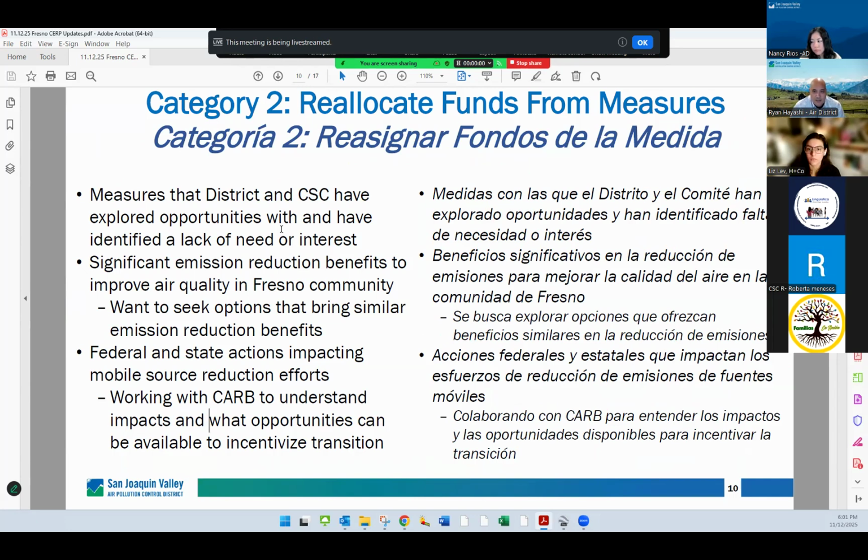The biggest thing is just federal and state actions impacting mobile source reduction efforts. And that also applies to things like locomotives and rail car switchers. The state had planned on adopting rules and regulations in regards to those, and with the current administration, those rules have basically been put on hold for the time being.